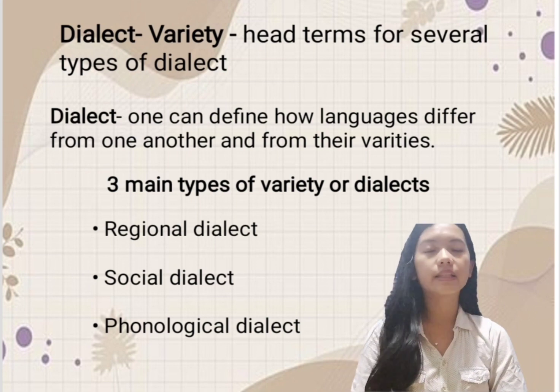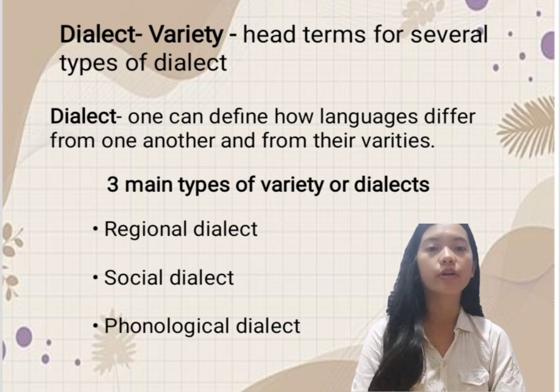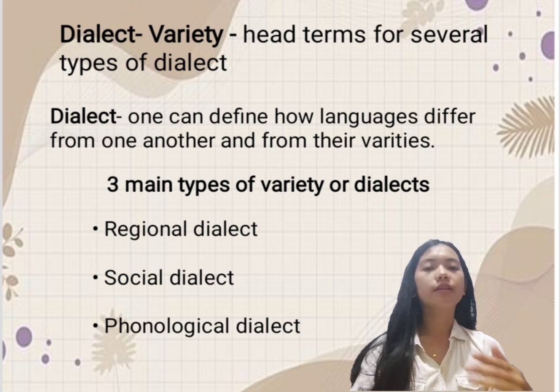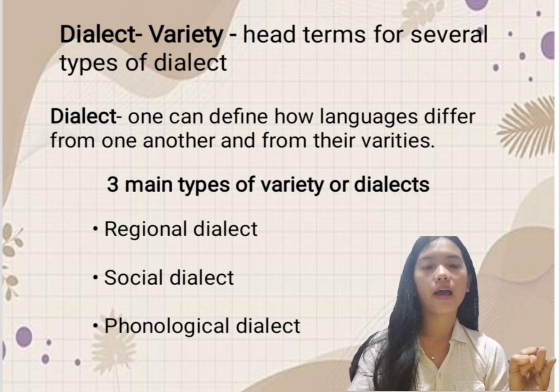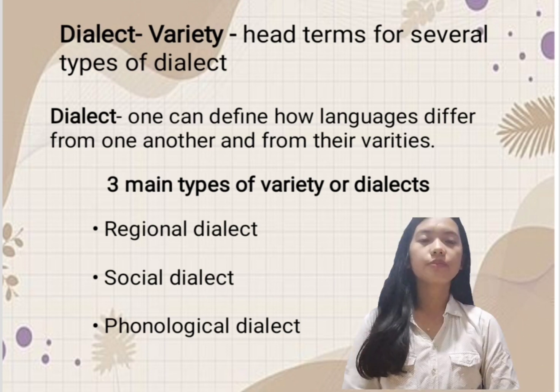And now let's have the dialect and variety. So dialect, which many linguists define, is how languages differ from one another and from their varieties. The three main types of dialect or variety are regional dialect, social dialect, and phonological dialect.